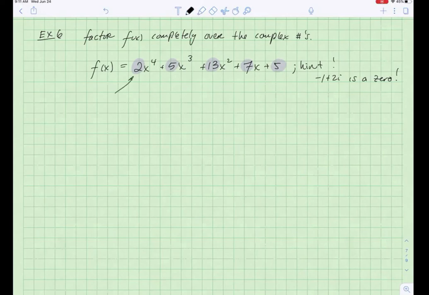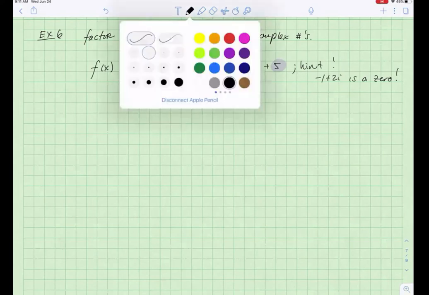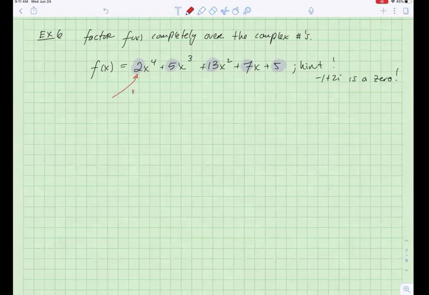So let me do this in red here, since it's part of the solution. Real coefficients, so zeros occur in conjugate pairs.